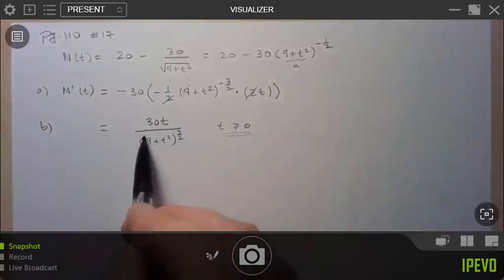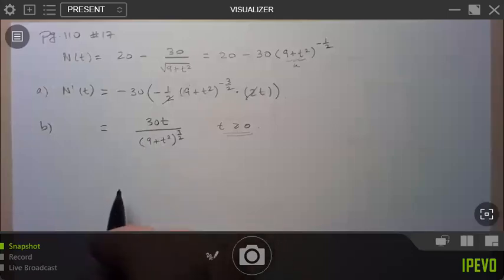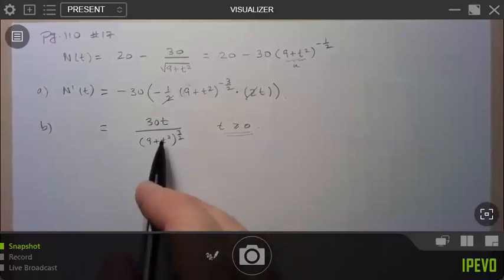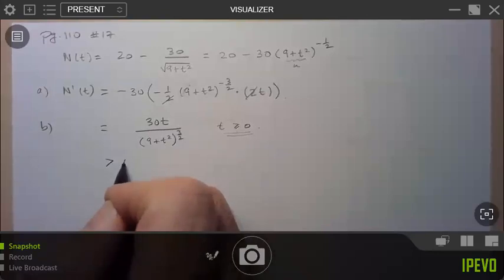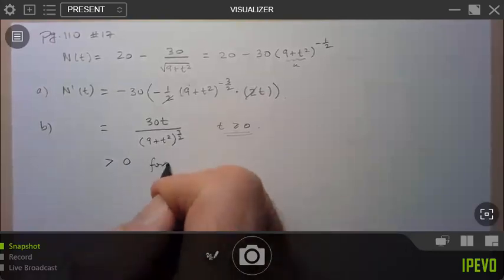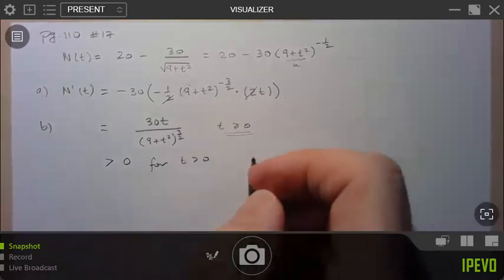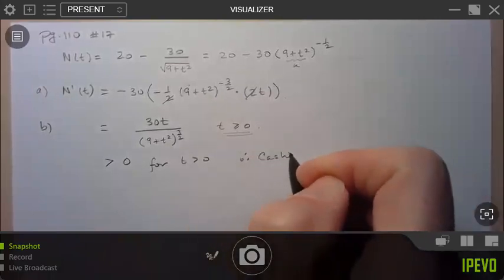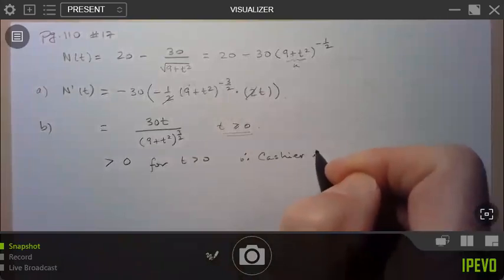The denominator is always positive, regardless of the input of t. So this is greater than 0 for t greater than 0. Therefore, it looks as though the cashier is always improving.